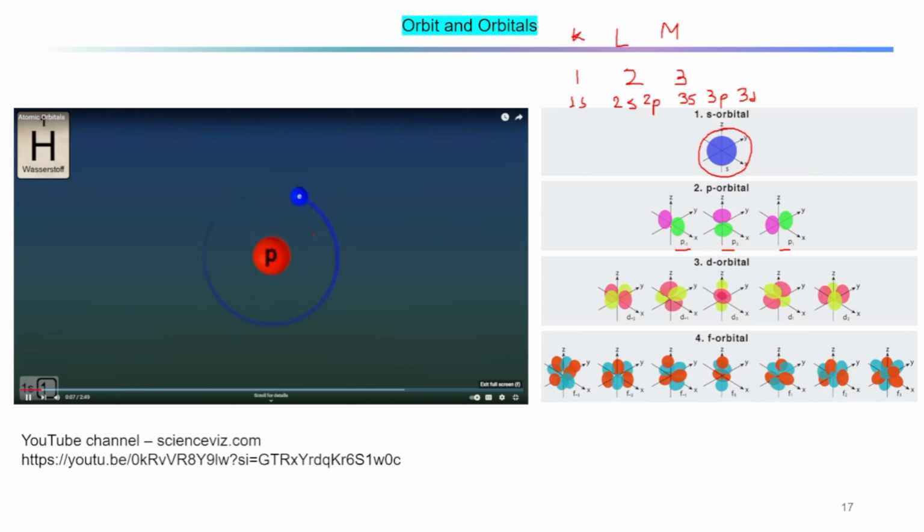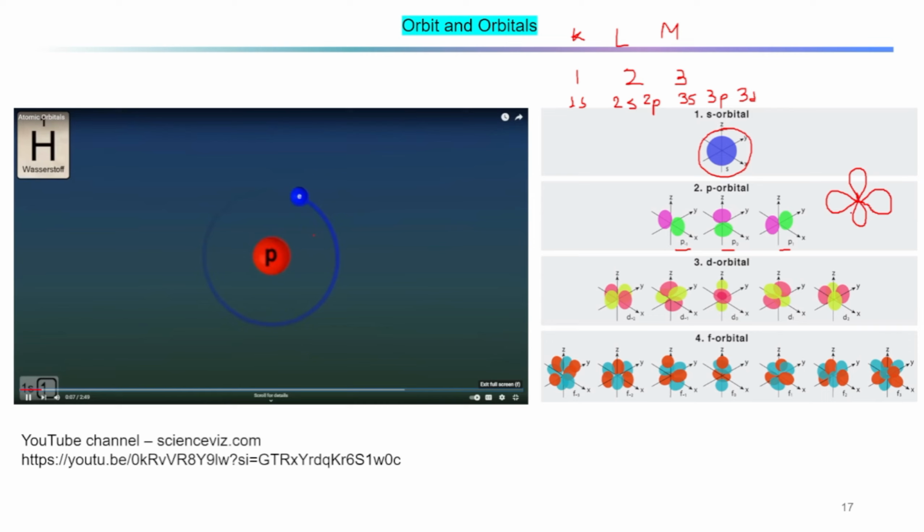In the center the electron density is 0, and as you go further from the nucleus, the electron density increases. So it looks dumbbell shaped.